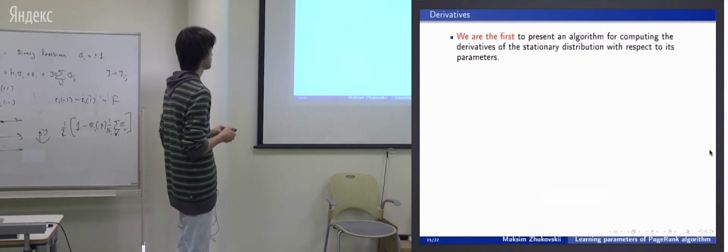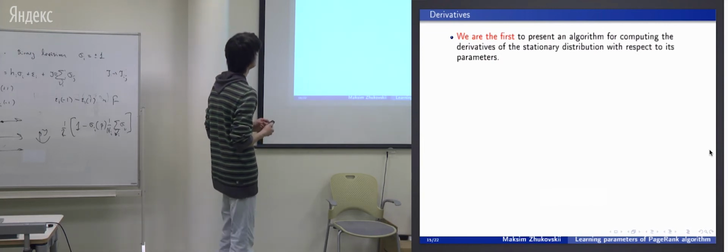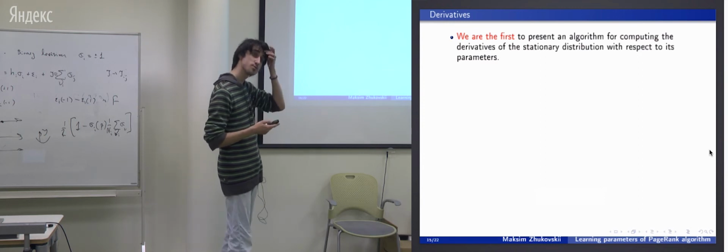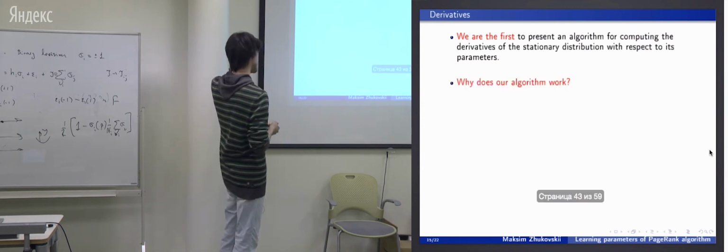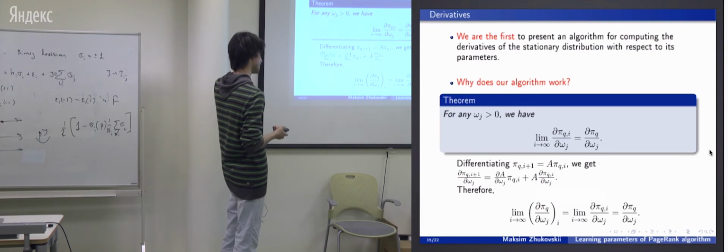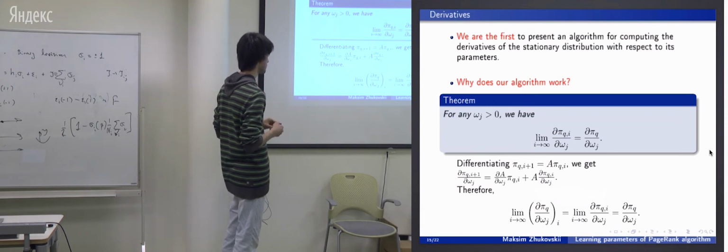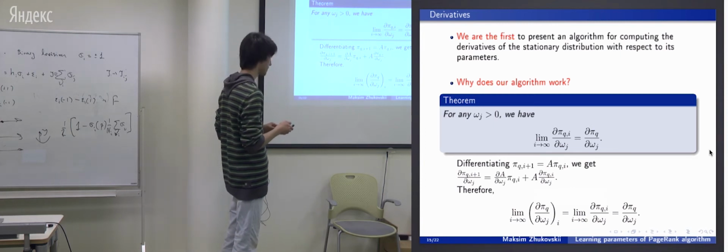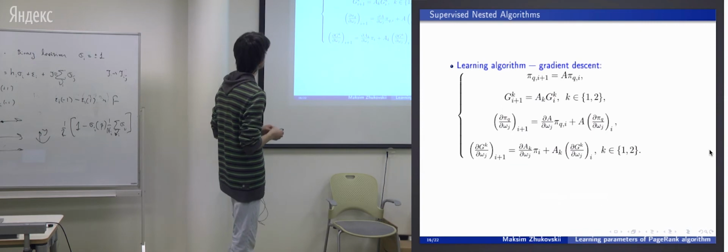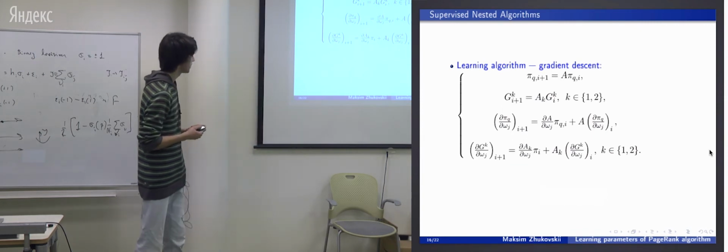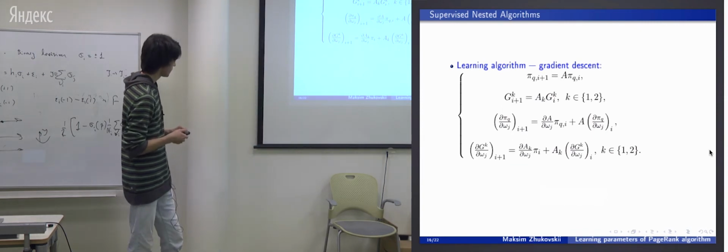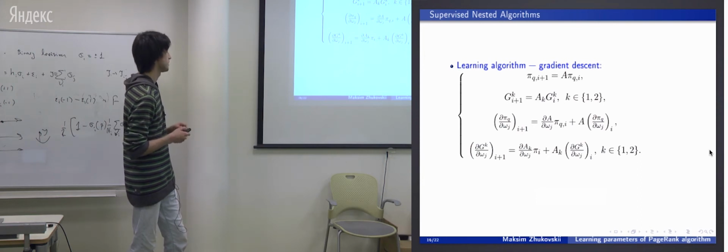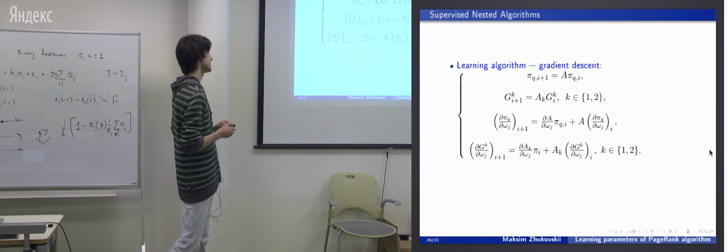So as I say, we are the first to present this algorithm for computing derivatives of the stationary distribution with respect to its parameters. And so we prove that these vectors converge to the derivatives of PageRank. And in the case of nested algorithms, the parameters also can be found using gradient descent.